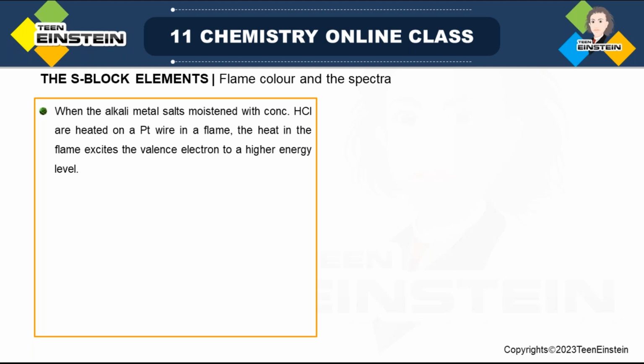So this is so unique for these two groups that just from this flame color test you can even predict. Suppose you have some unknown sample of sodium, or some unknown sample of potassium. From the flame color you can have some idea whether these elements are present or not.